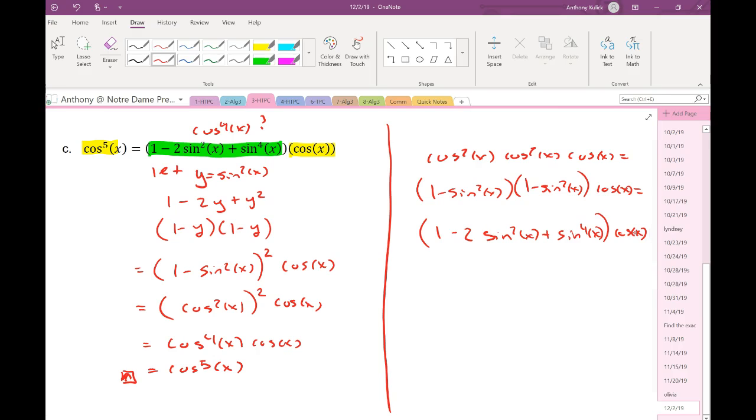So in general, to me, foiling is usually easier to see than factoring. Sometimes it's not the case, and you see factoring as easier than foiling, whatever. But I saw the left-hand side, and I'm like, I'm just going to break that up into two cosine squareds, turn them into sine squareds, and multiply that out, and it should give me that other part. That's how it has to work.